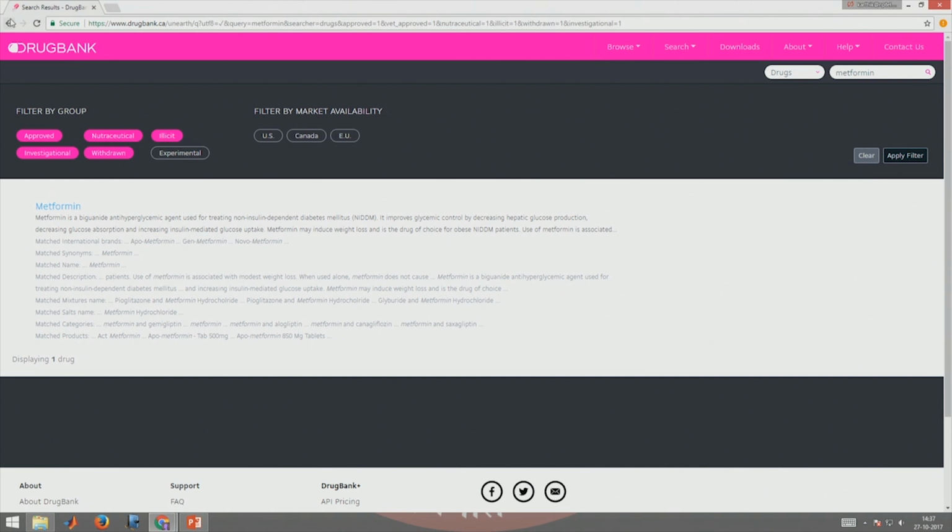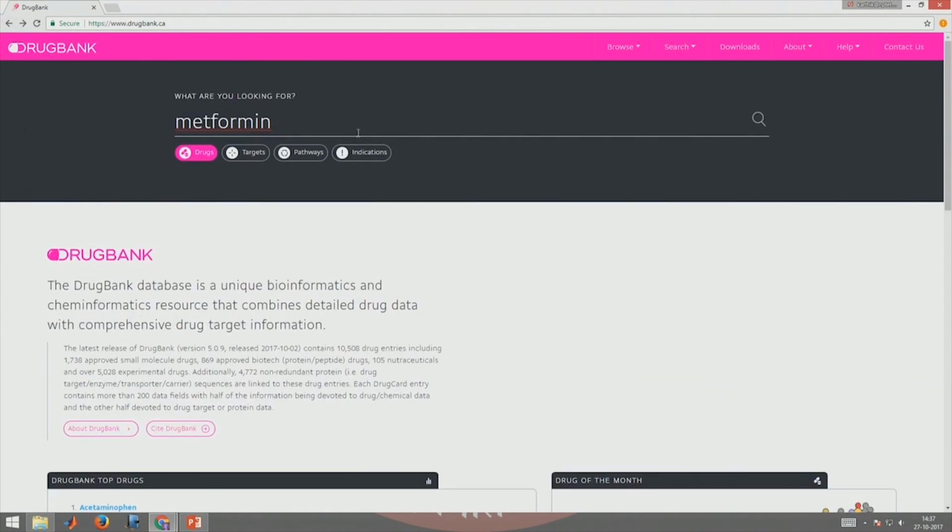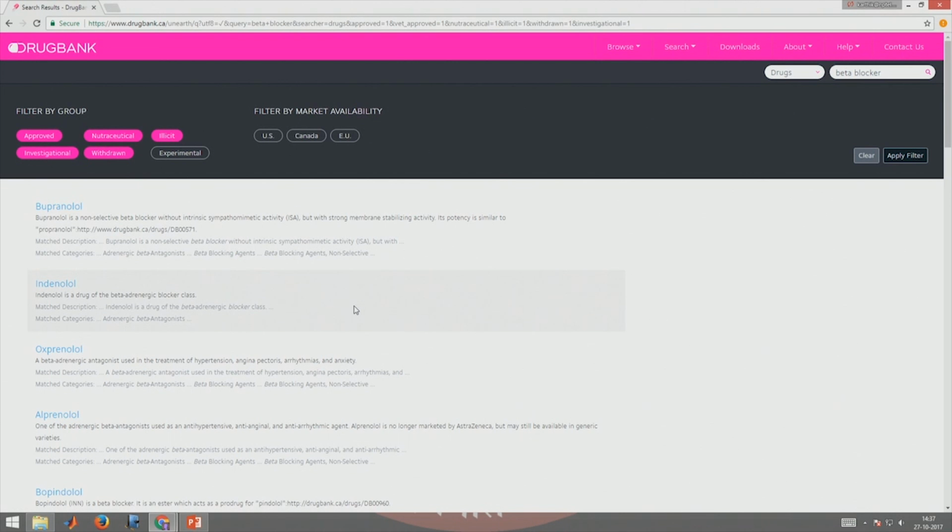Okay. So look at drugs currently looking for. Okay. So I typed something called beta blocker. This set of drugs is given for cardiovascular problems, especially high blood pressure.